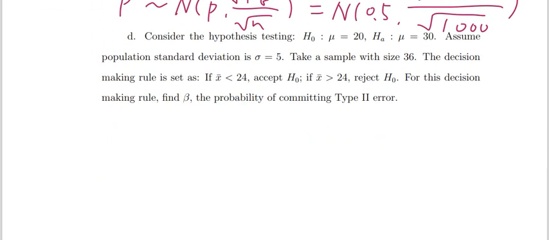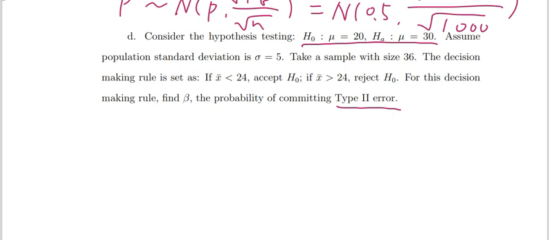Okay. So to find the type 2 error, we only have the 2 points test, so possible p can be only 2 possible values. Either this one or that one.